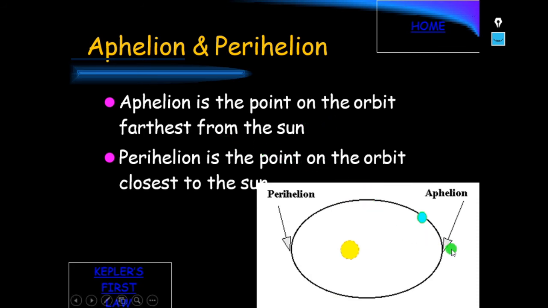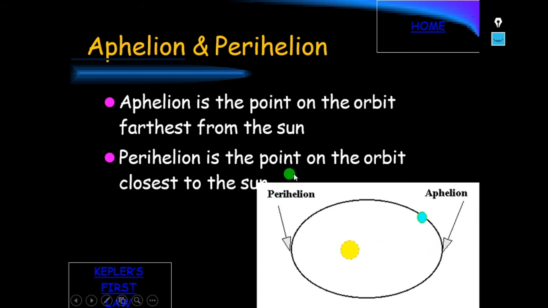So where is aphelion? Here, let us say there is the sun, and let us say Earth is revolving around the sun. So aphelion is the point on the orbit farthest from the sun. Here this is the orbit that Earth is going to revolve around the sun. So this is the farthest point from the sun, which is called aphelion.